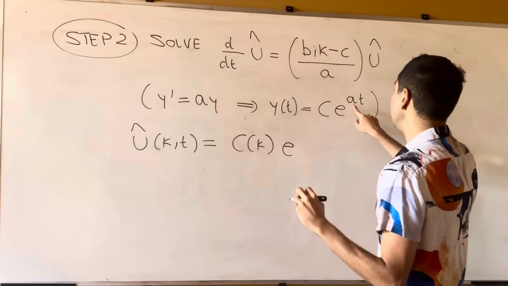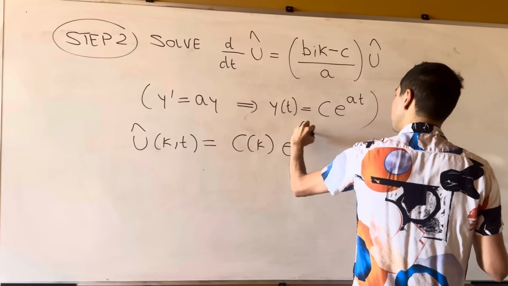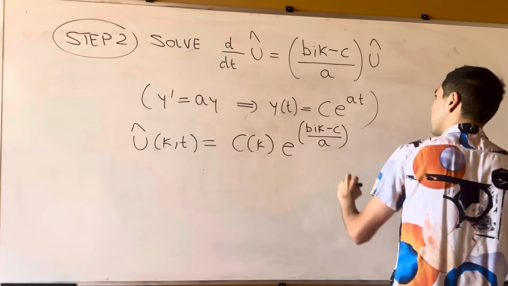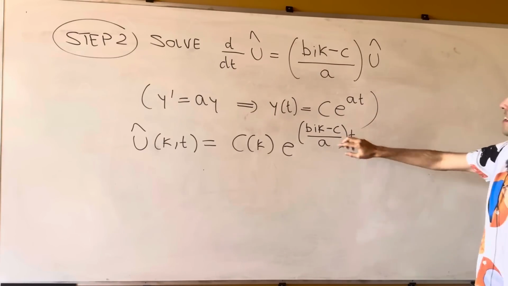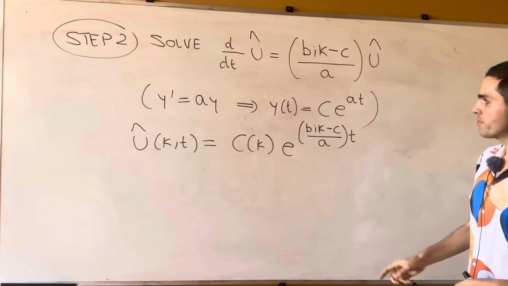e to the power, where a is this huge thing here: (b i kappa minus c) over a, and then times t. And that's it. So e to the whatever constant we have times t.